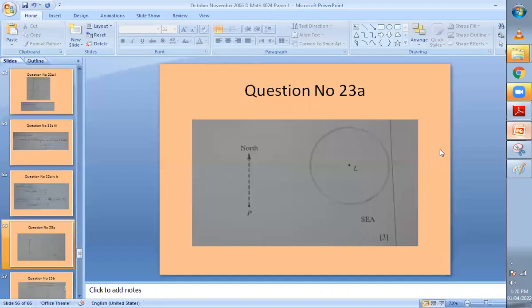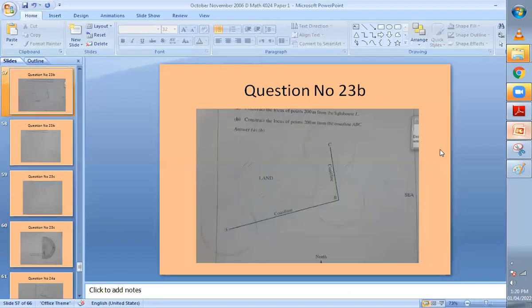So let me show you. This is how you draw a line parallel to a given line at a constant distance, and you draw circles on that. For example, around C I have drawn a circle of 2 centimeters. At B, I have drawn a circle of 2 centimeters, and at A also.